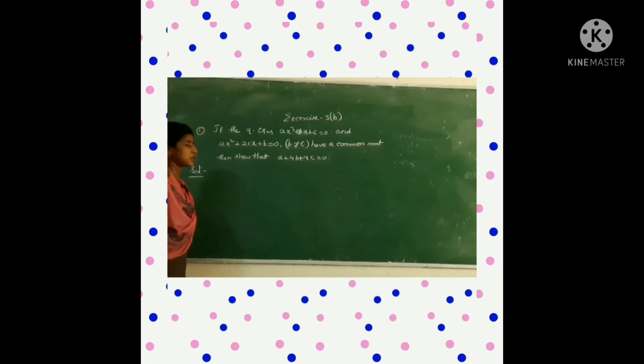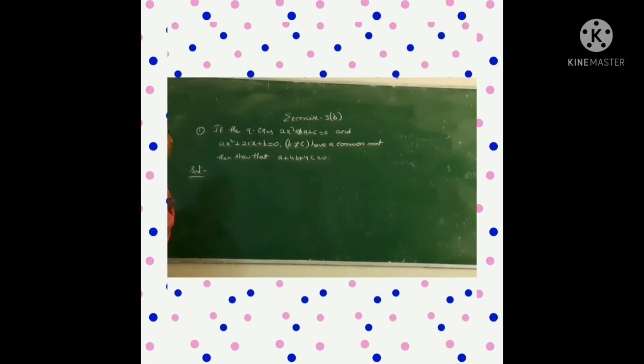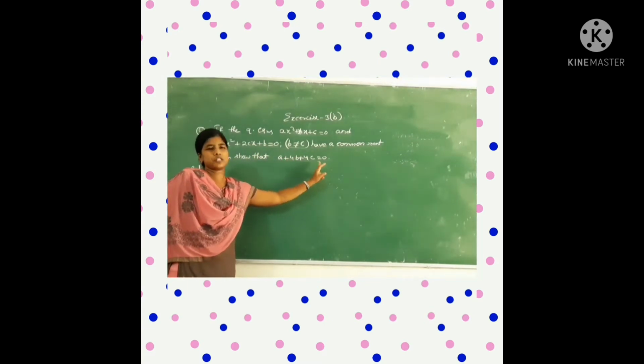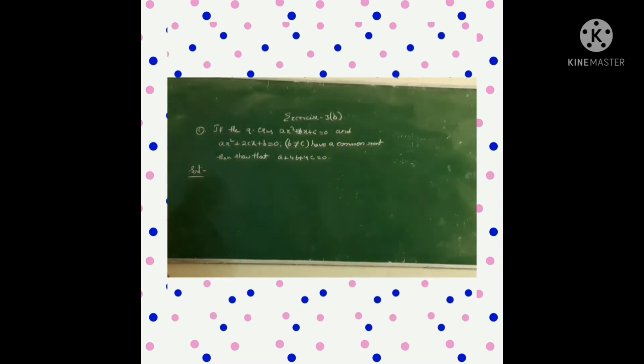Already we have done some examples in the last class, where we solved common roots using some formulas, like the c1 a2 minus c2 a1 formula. Now here we will not use a formula, but generally solve and show this.